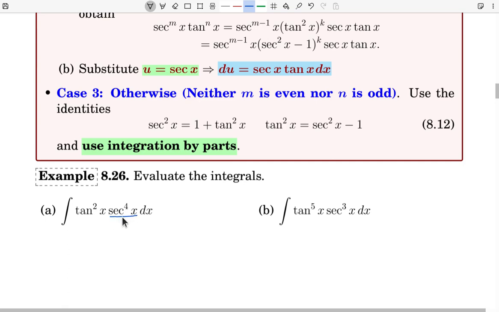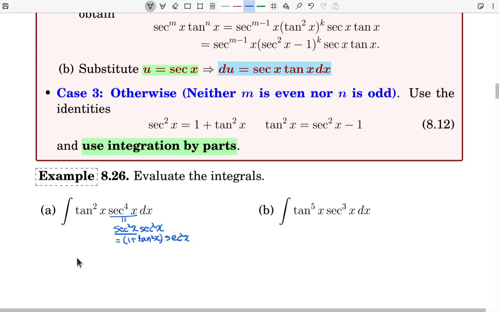Sec to the 4th is the same as sec squared x times sec squared x. Now this term is the same as 1 plus tangent squared, right? So that is 1 plus tangent squared x, and here sec squared x.